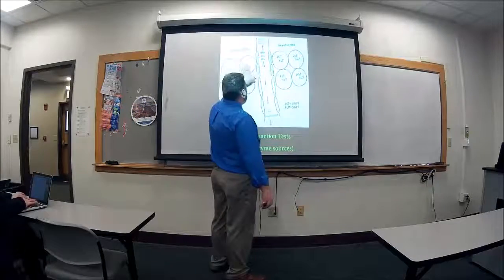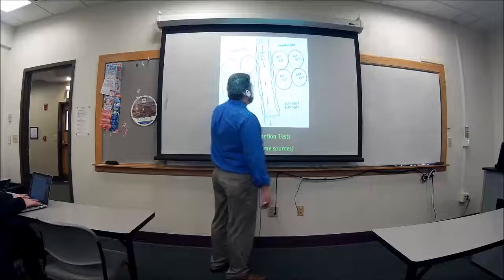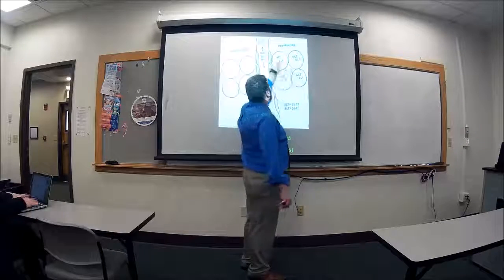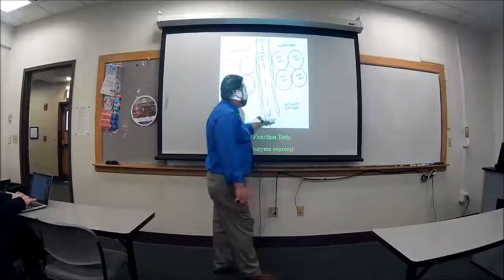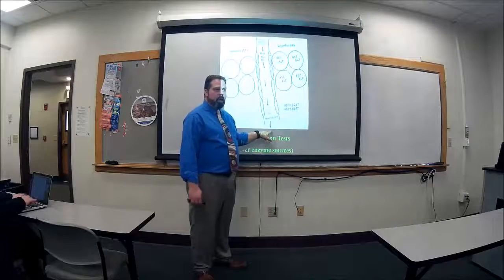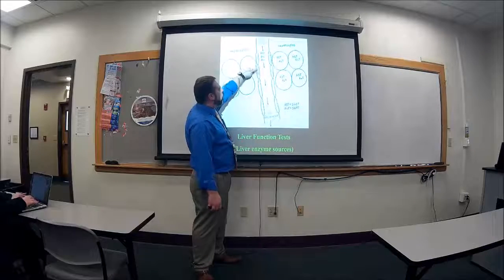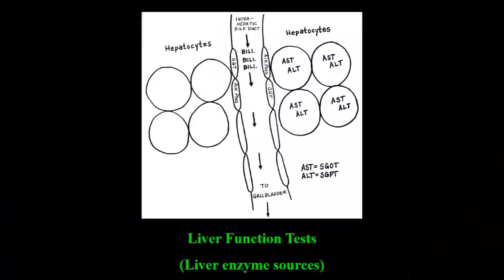So here you have the hepatocytes, right, the liver cells. And inside the liver cells, you have AST and ALT. In the intrahepatic bile duct, so the bile duct going to the gallbladder, the lining of it will have cells that contain ALPHOS and GGT.